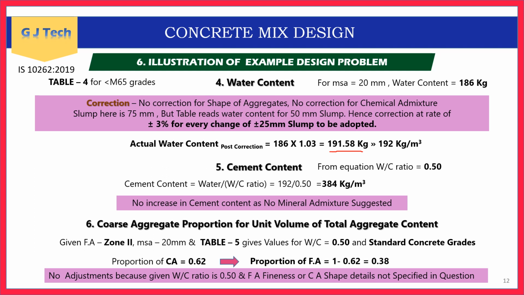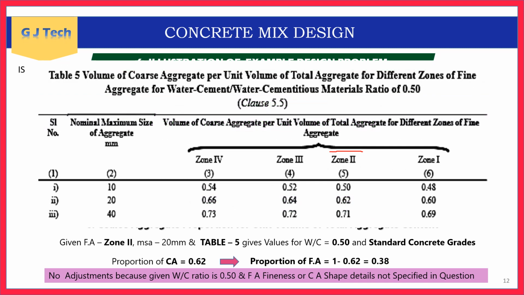By default the values obtained are for a water cement ratio of 0.5, and for standard grades of concrete we need to refer to Table 5 in IS 10262. Table 5 looks like this. It reads volume of coarse aggregate per unit volume of total aggregates for different zones of fine aggregate for water cement ratio of 0.5.